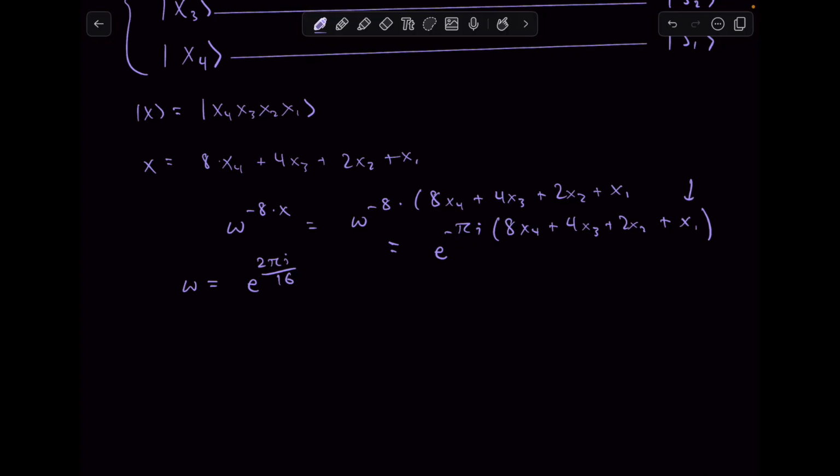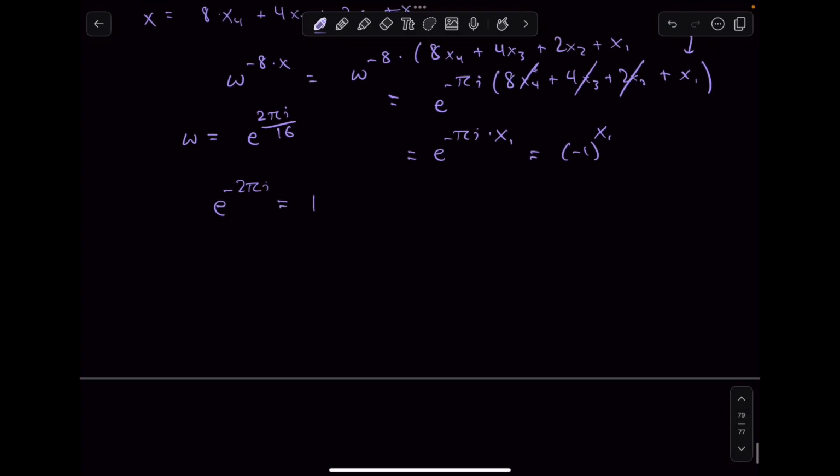So why is that? Well, in each of these other cases, we're adding a multiple of 2 pi I. And we know that e to the negative 2 pi I is just equal to 1. So all of these actually just cancel out. So this thing ends up being equivalent to e to the negative pi I times x1. And e to the negative pi I is just negative 1.